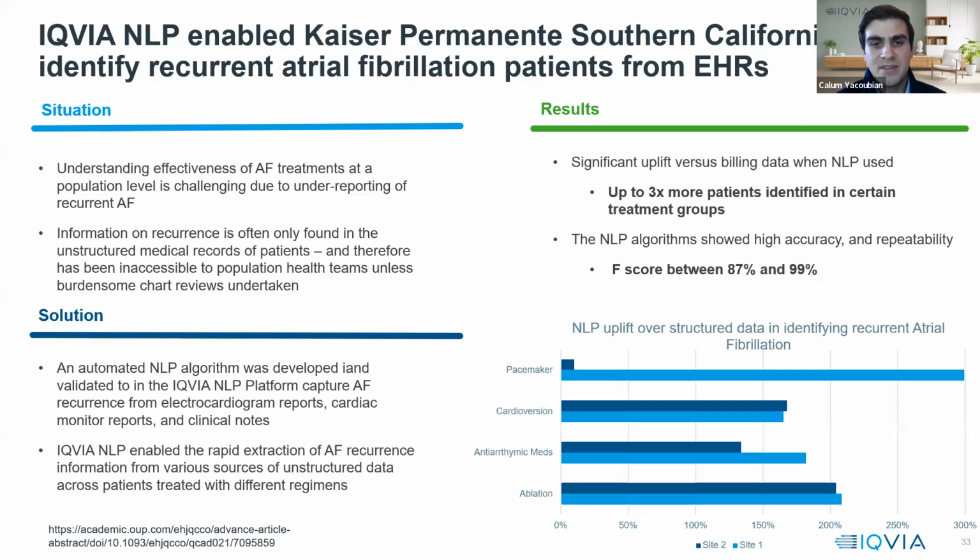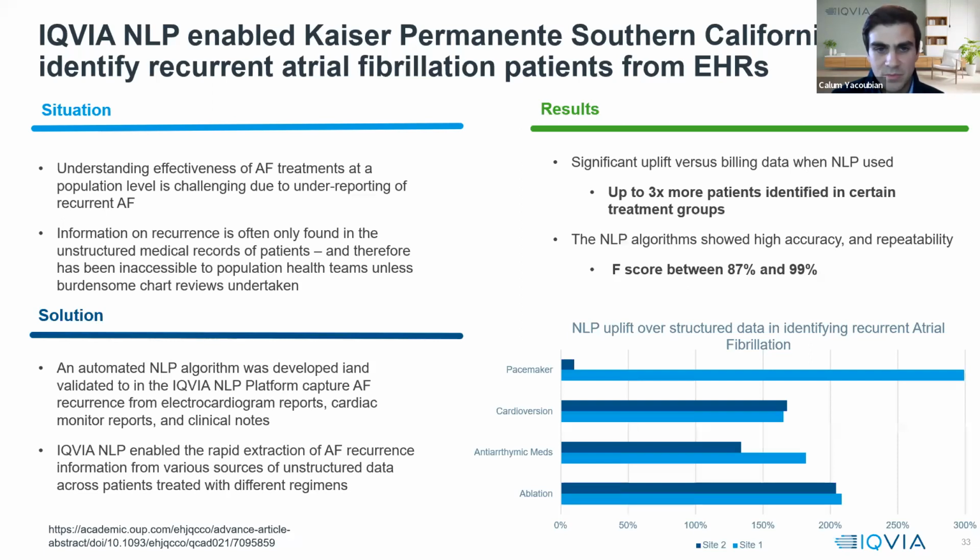So they were seeing a significant uplift in the number of patients identified versus the structured data. The graph shows this across the two sites that they did it with. How tall the bar is shows the percentage uplift they got with NLP over the structured data in the different treatment groups, whether they were treated with pacemaker, cardioversion, antiarrhythmic meds, or ablation.